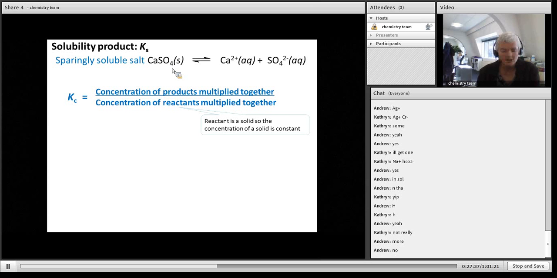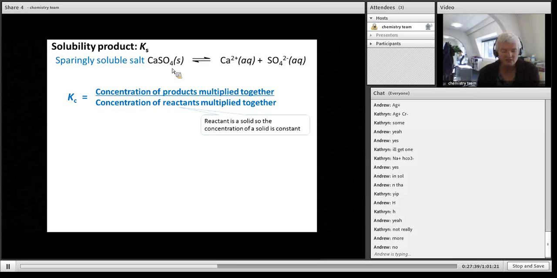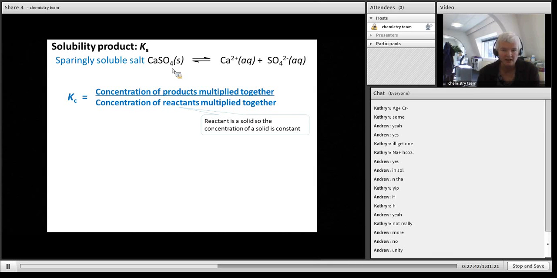You know, in a crystal, those ions, they're a certain size. They can't get packed closer together. So what happens here is that this constant, because it's a constant concentration of a solid, simply gets put as part of the equilibrium constant value.